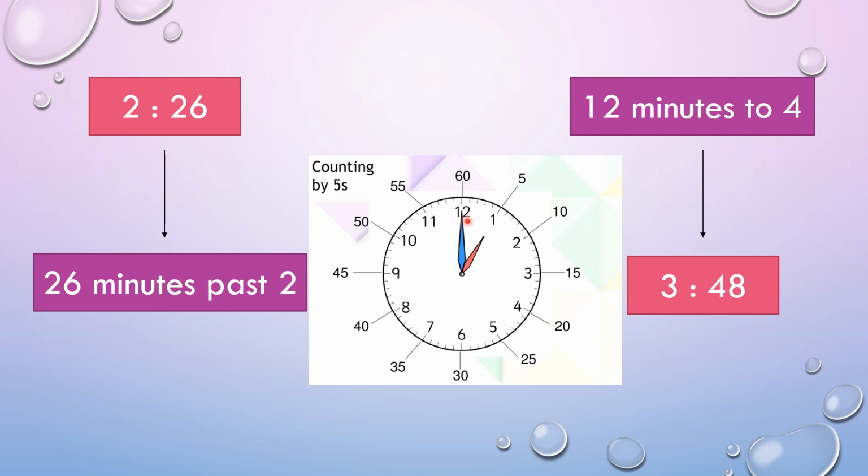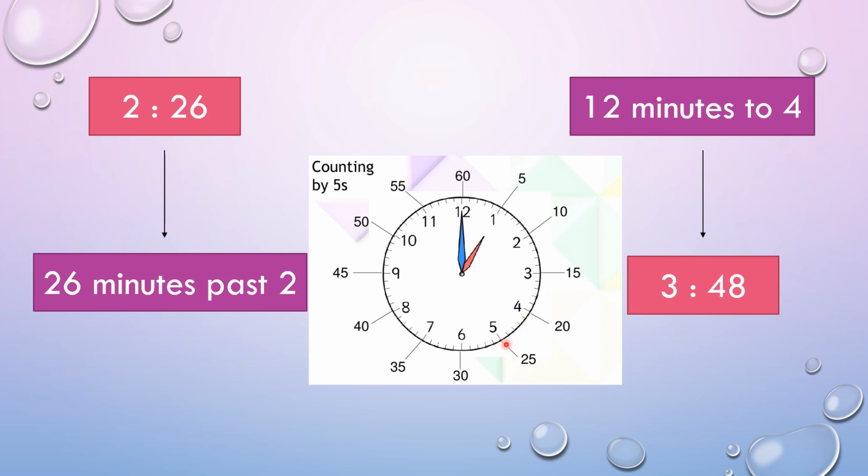Initially, 2 o'clock means the short hand will be at 2, the long hand will be at 12. But it's 2:26, which means from 2 o'clock the long hand has already passed 26 minutes. So the short hand will be at 2, the long hand will be here: 5, 10, 15, 20, 25.